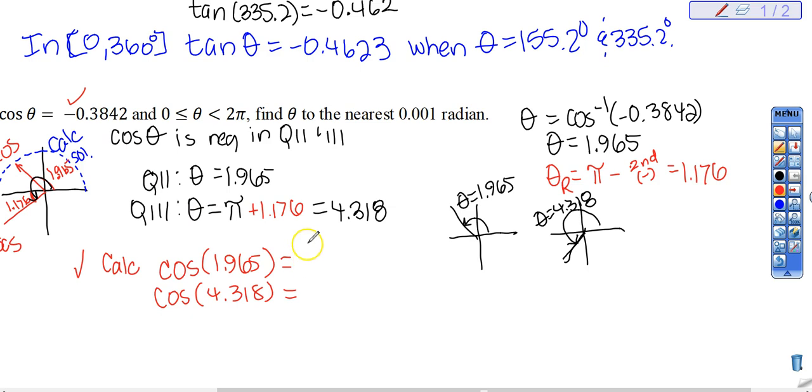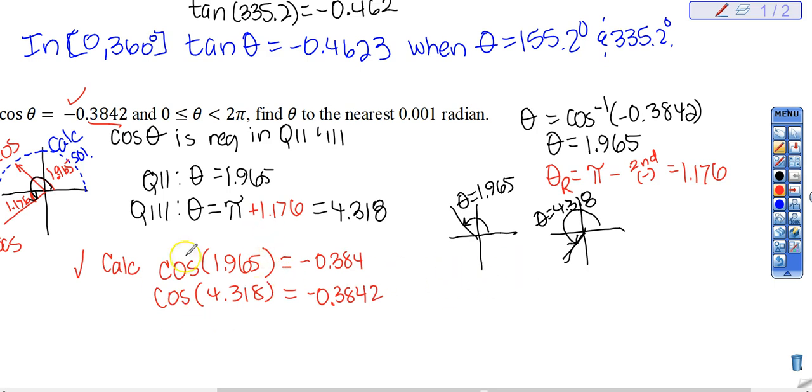So what was the cosine of 1.965? Beautiful, beautiful. To 3 decimal places, that's perfect. How about the cosine of 4.318? 0.3842, like exact? Wow, that's nice. So really good answer there.